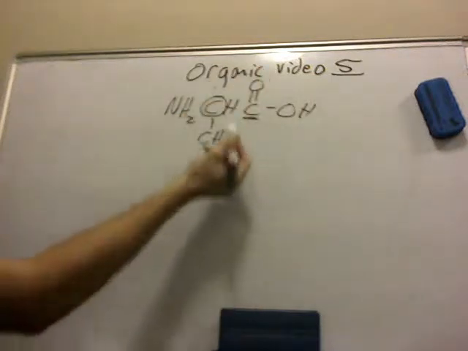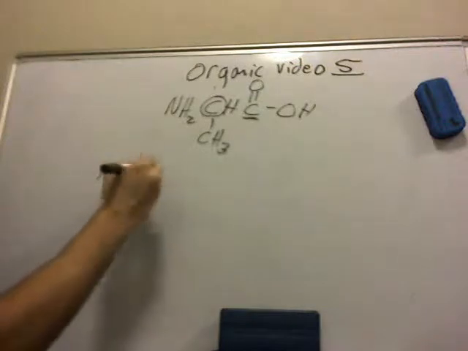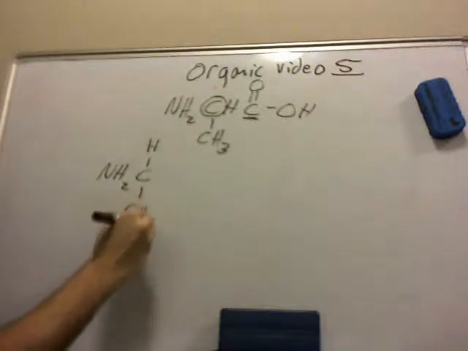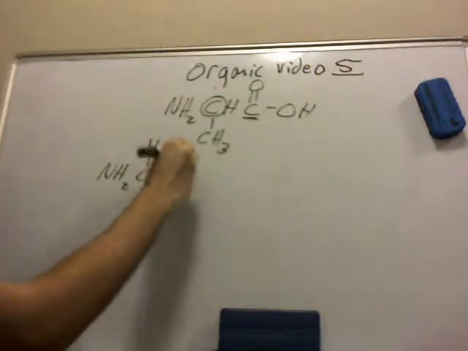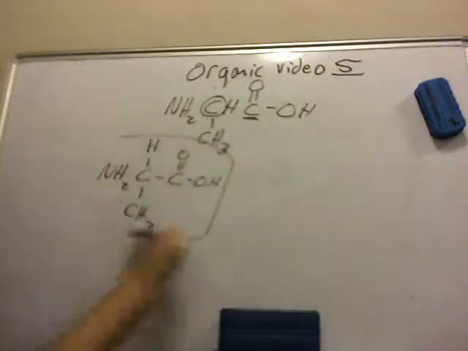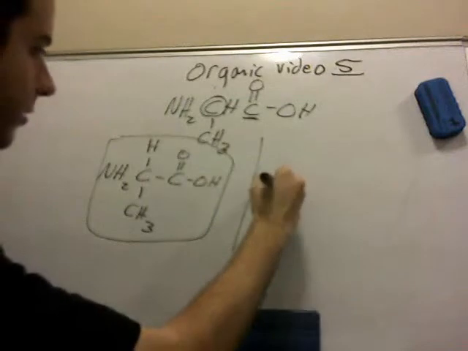This one is not, because you have this carbonyl oxygen here. So if we look at alanine, the enantiomer of it is going to look like this.